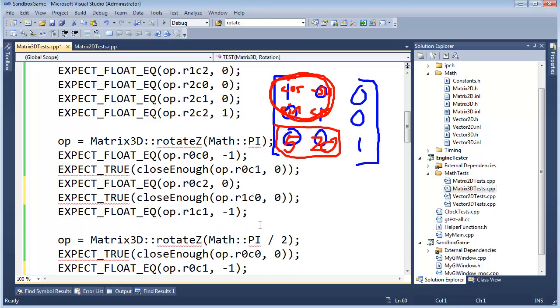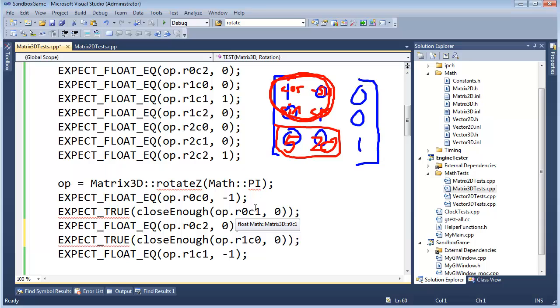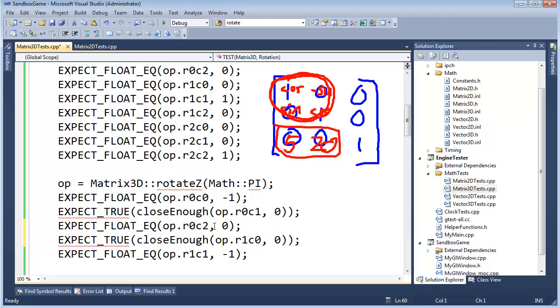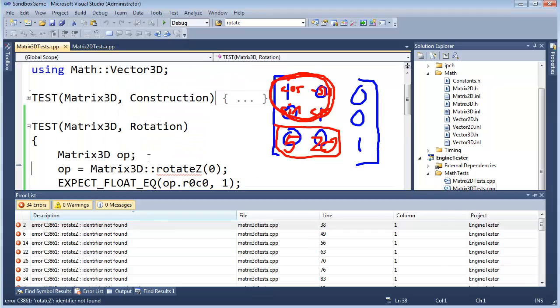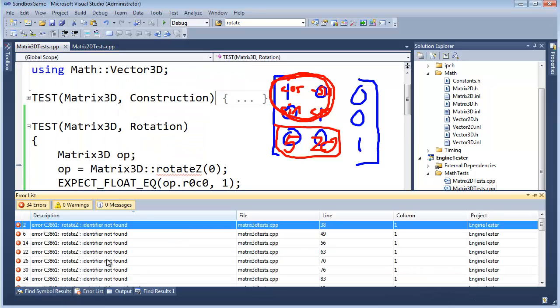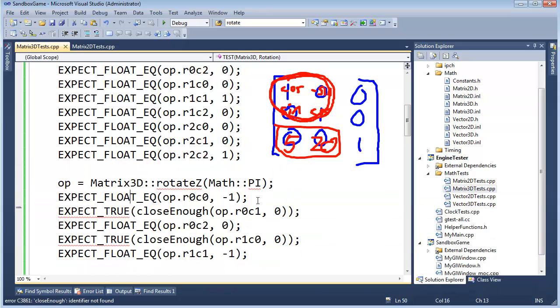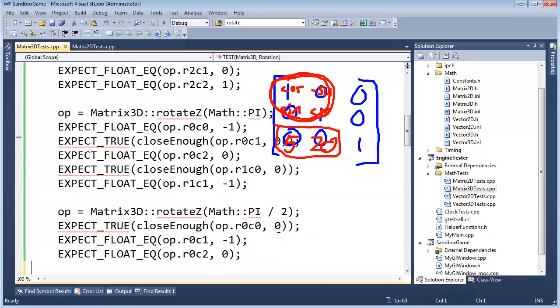Now there's row 0 column 2. What did I mess up? Why am I getting close enough as undefined? Control Shift B, let's ask the compiler. It's complaining about close enough identifier not defined. What did I just change to mess that up? It's so hard to talk about this on video and get it right.